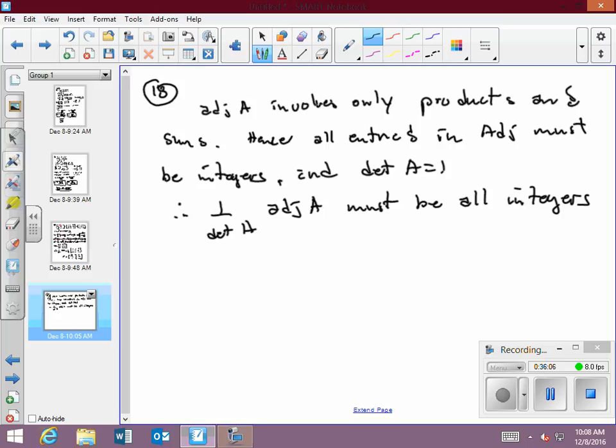The next group says, find the area of a parallelogram whose vectors are listed.